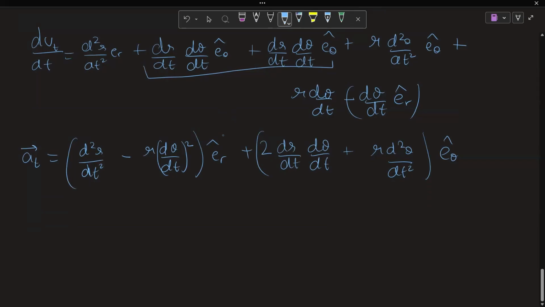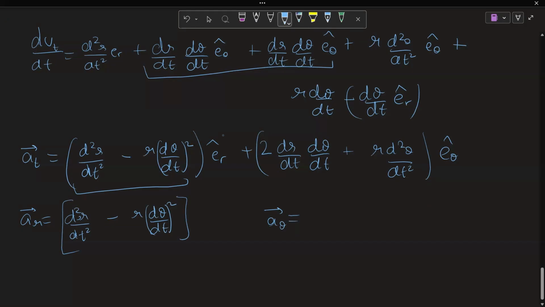So we can represent the acceleration at any time t as an a_r vector and an a theta vector. a_r will be d2r by dt square minus r d theta by dt whole square, and a theta, the acceleration along theta, we can write as 2 dr by dt d theta by dt plus r d2 theta by dt square.